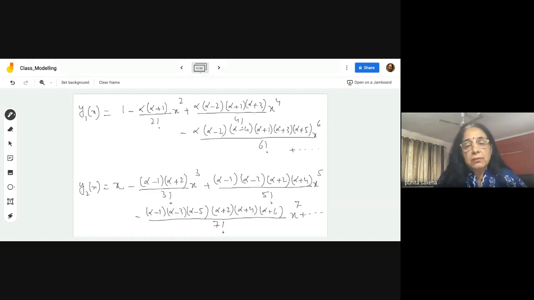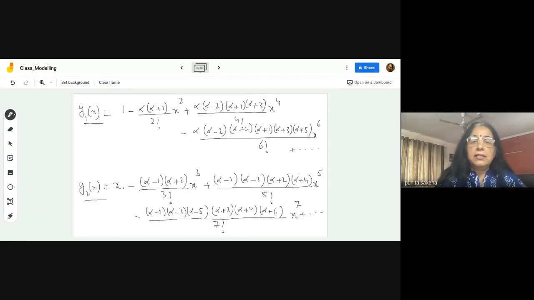So I have written my y1(x) and y2(x) separately, and we will see how they behave when alpha takes on different values.